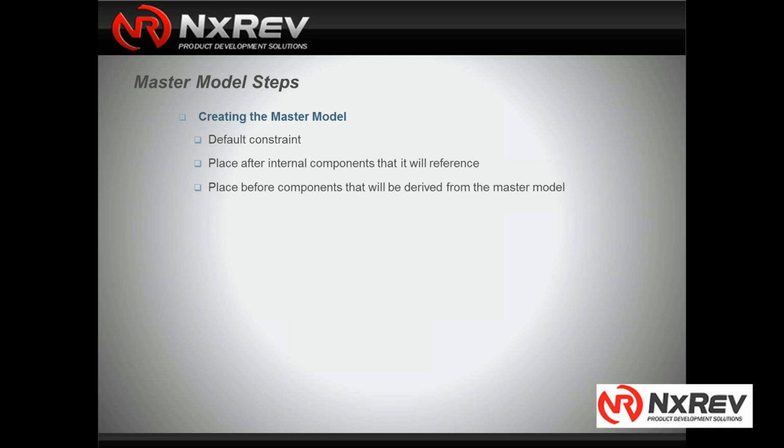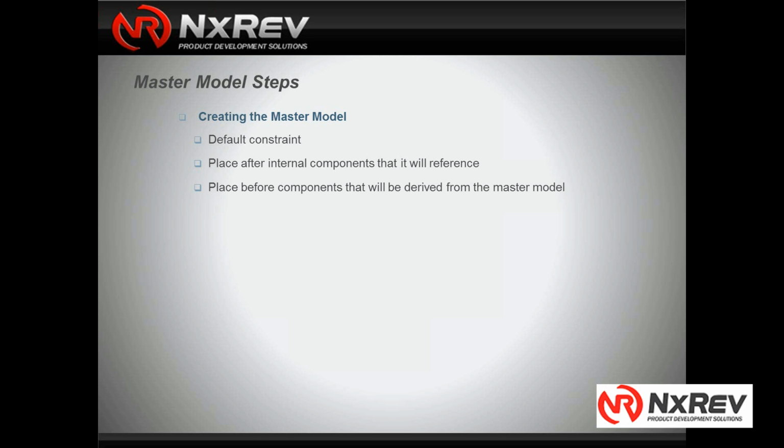First is creating the master model. When you start using this particular technique, you're going to assemble most of the parts using your default constraint. It's easy to constrain it this way, and at least with the subcomponents, the body components further downstream in your model tree, you don't really have any geometry to use as a placement reference anyway.